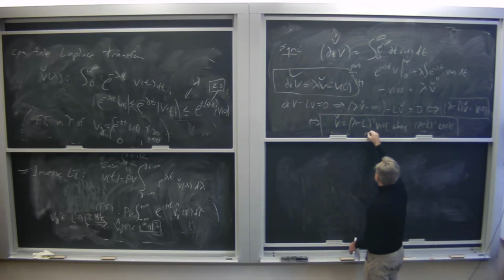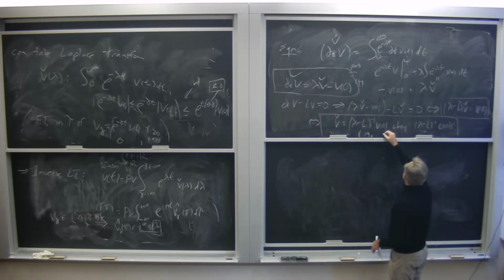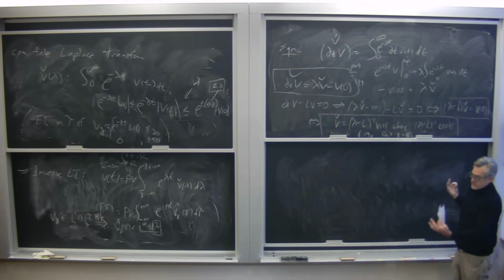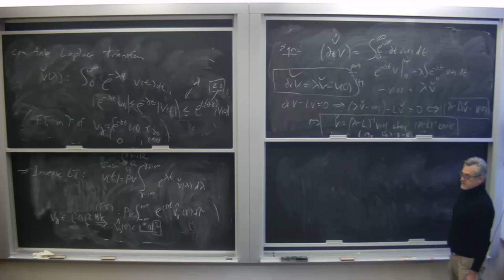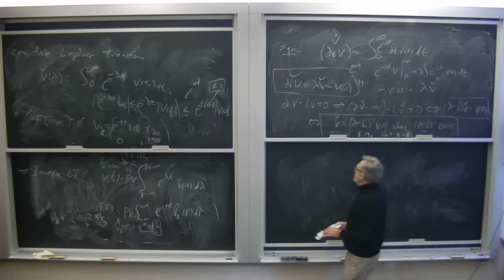So, for example, for real part of lambda equals gamma greater than theta, greater than the norm of L. Because if we're larger than the matrix norm, well, for sure we're away from the spectrum. This is invertible. It's all matrices.